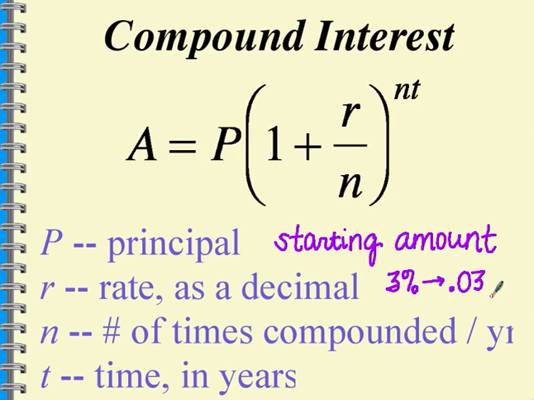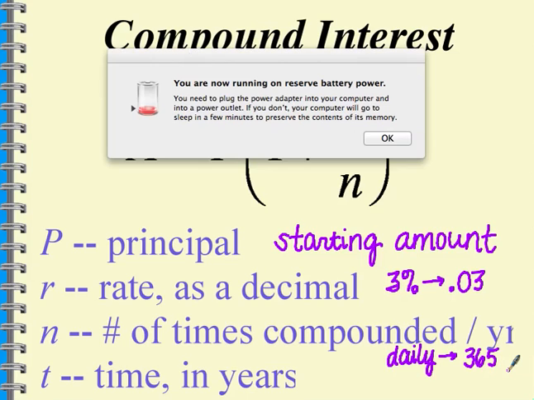When you're talking about daily, there is some school of thought that has used 360, and that is in some business books that I've seen. For the sake of being consistent, I want you to use 365 for daily. And then T is your time in years. It is always in years for time.